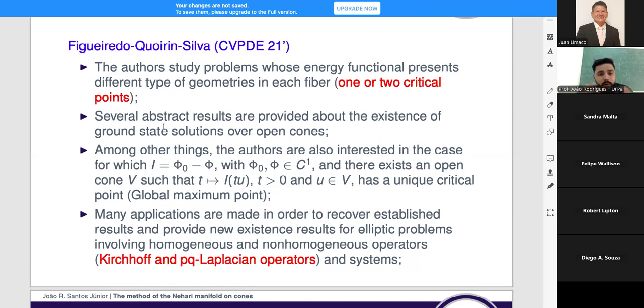Several abstract results were provided in this paper in order to get existence of ground state solutions over open cones.